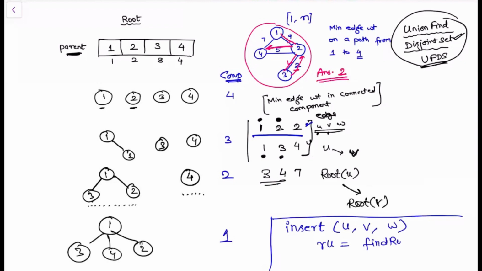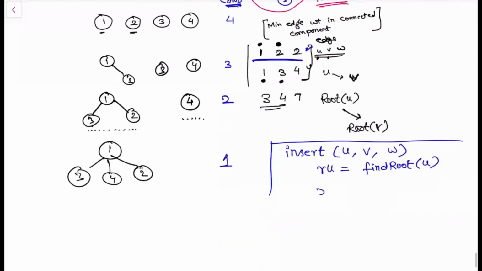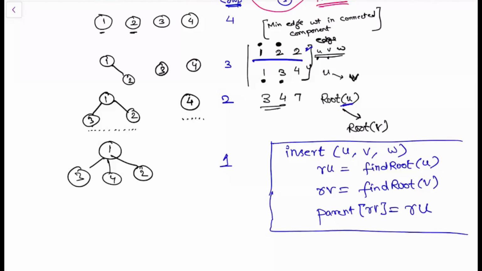Then we will find the root of V. Rather than joining U and V, we say parent of RV is equal to RU, because we were making U the parent. Are we clear with these 3 lines that I have written here? Is this making sense?